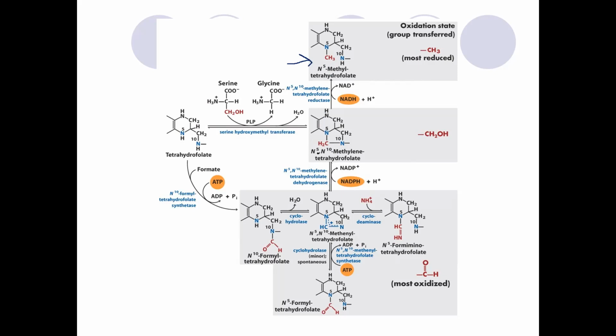That gives you N5N10 methylene tetrahydrofolate. There's the methylene. You produce this by converting serine to glycine. And this, as you can see, has also a pyridoxal phosphate.